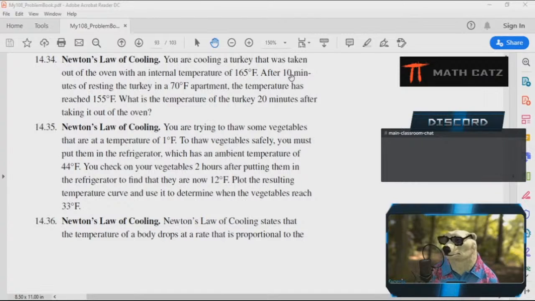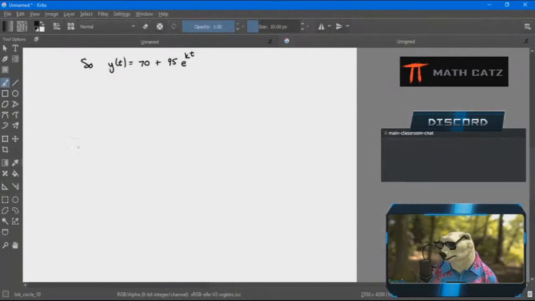They tell me that after 10 minutes, the temperature has reached 155. So let's write that here. After 10 minutes, that means t is 10. We have y equal to 155. So we can plug that in.